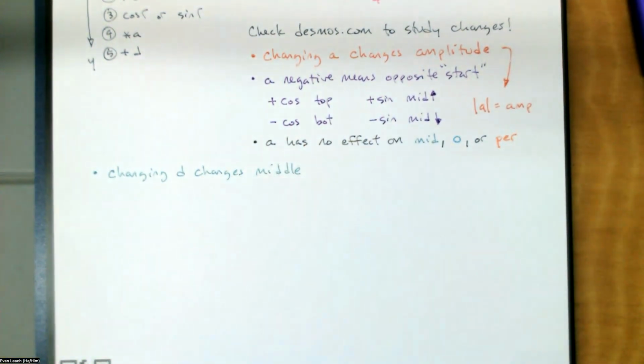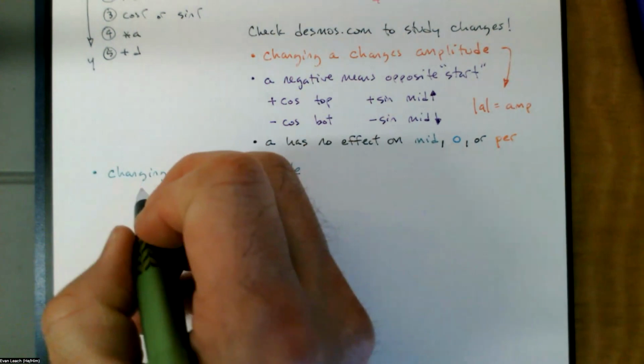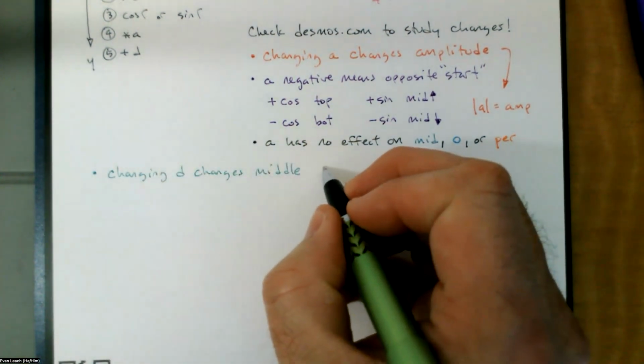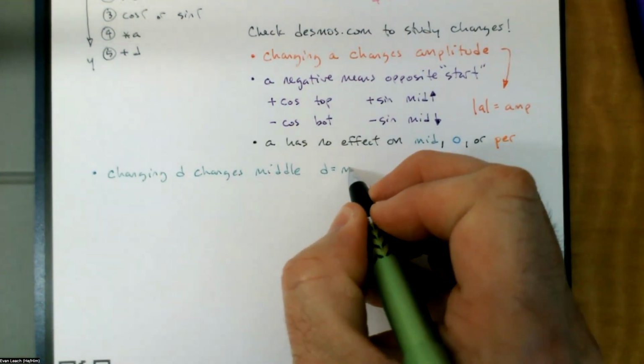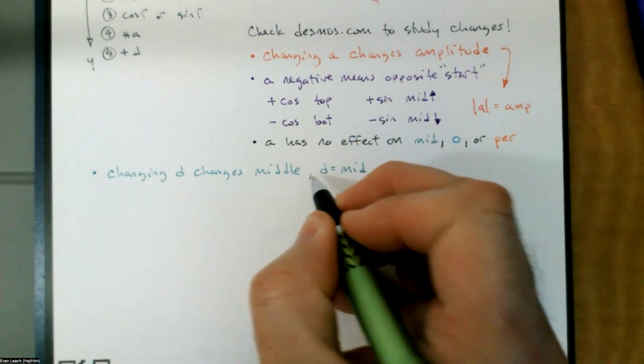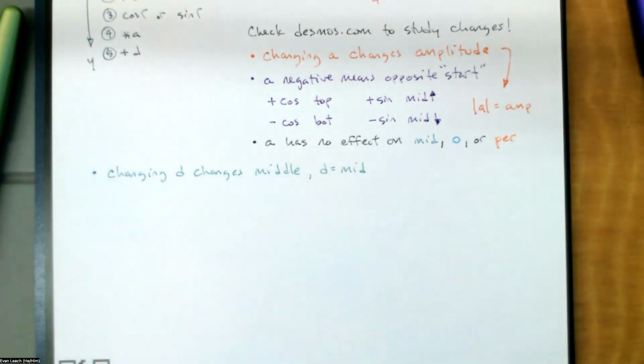Changing D changes the middle. Moreover, the middle is just whatever D is. So that's a nice, easy change. Whatever D is, that's the middle.